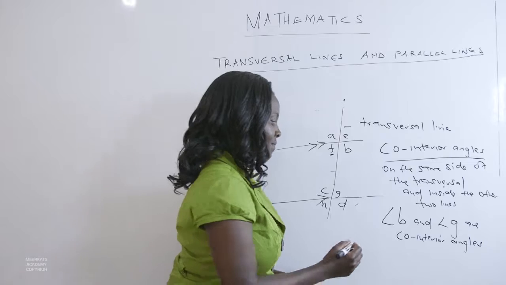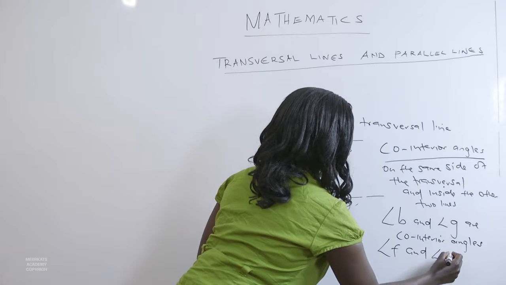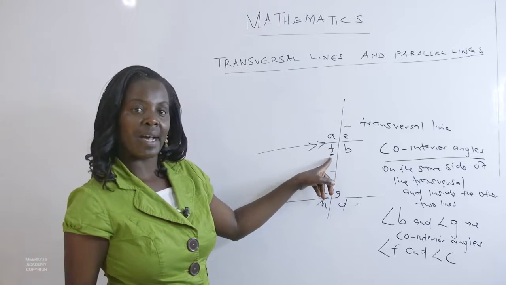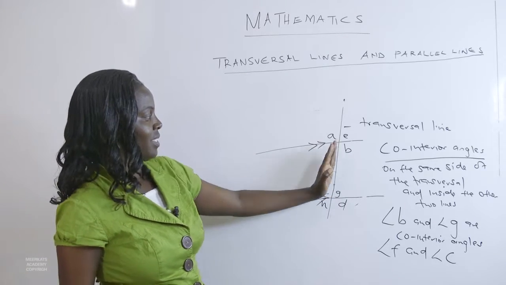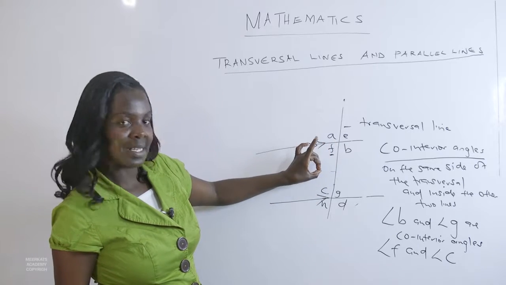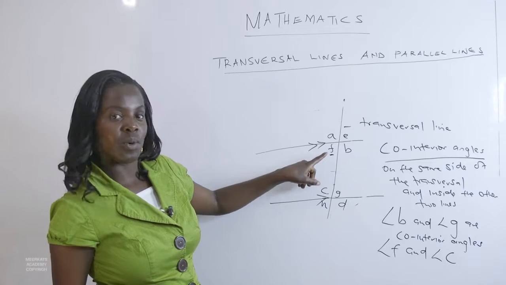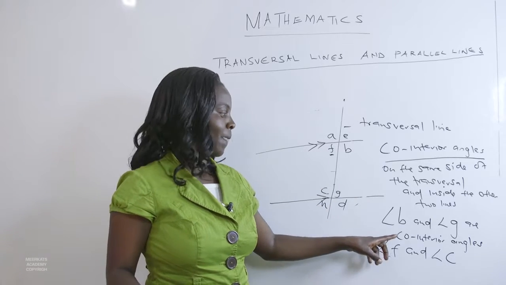Also, angle F and angle C are also co-interior angles because they are on the same side of the transversal, and they are also inside the two lines.